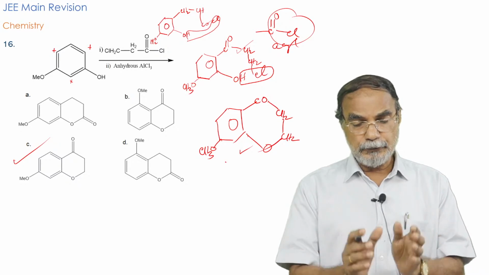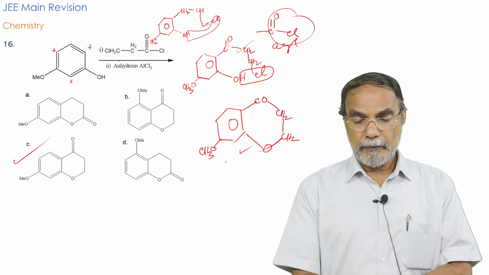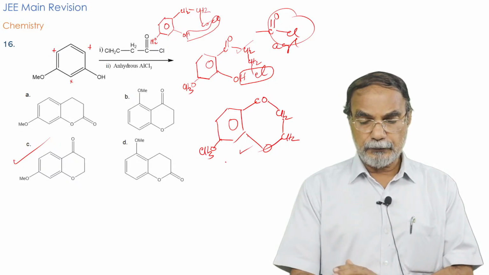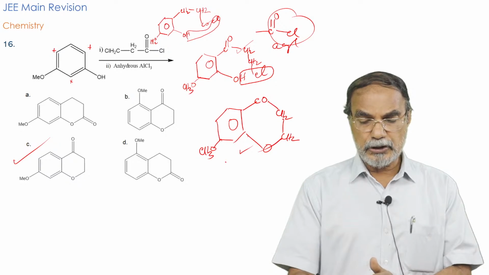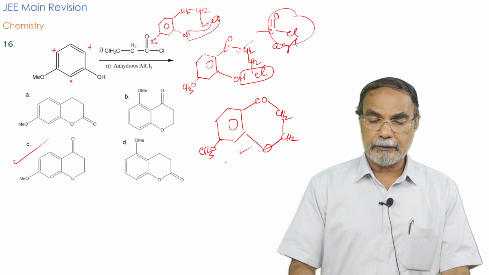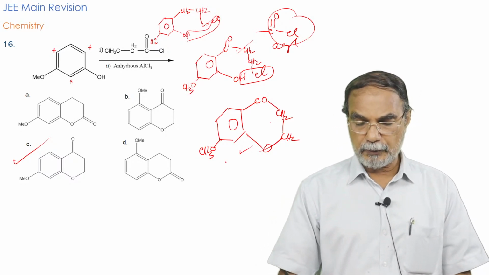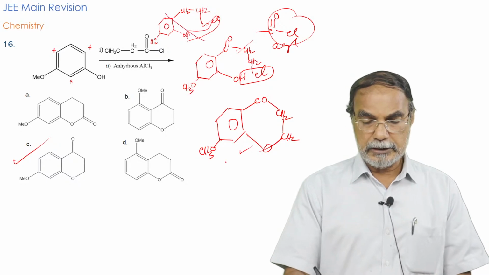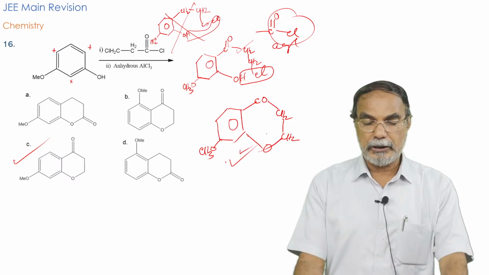And even if a student thinks of the latter possibility, the latter possibility will give this compound. There again an HCl sort of elimination will happen, but a rearrangement will take place so that the compound will go to this structure. So this is not the possibility, this is the right possibility, and you have C as the major product.